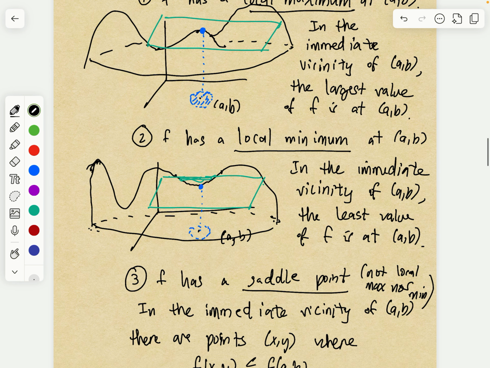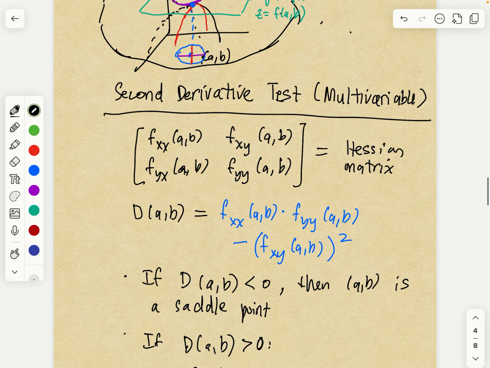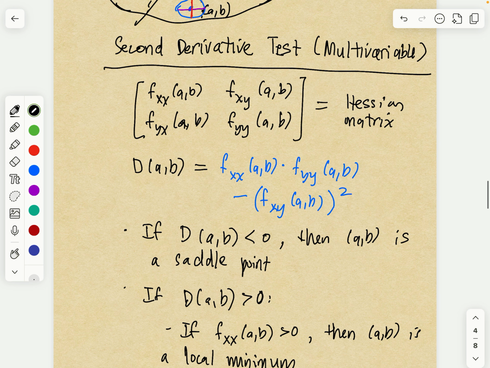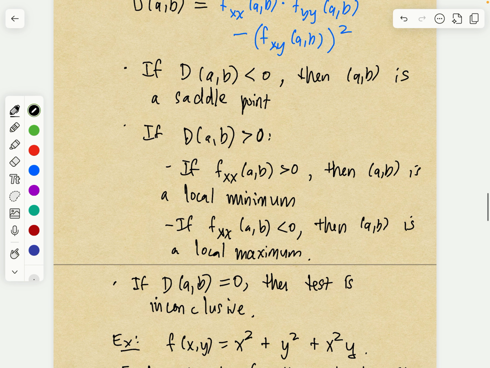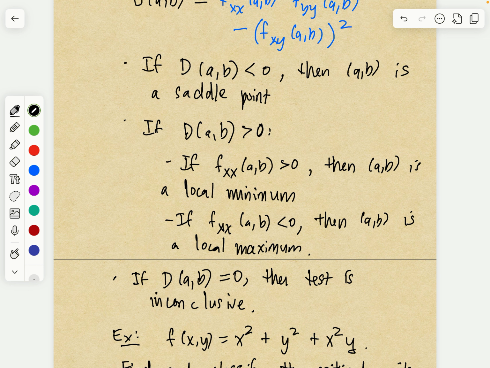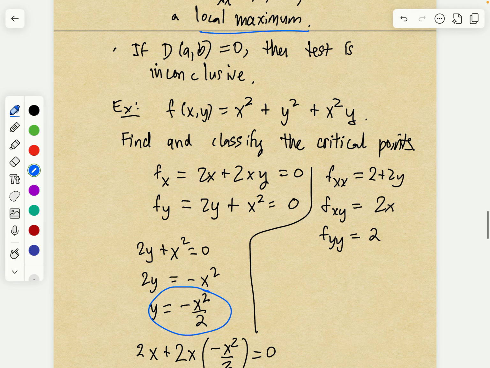It could be a local maximum, local minimum, or a saddle point. And we explained how to tell which kind of point you have. You look at the matrix of second partial derivatives, and then there's this kind of checklist criterion for which one you have. So you could have a saddle, local minimum, local maximum, or the test might be inconclusive and you can't tell which one you have. And then we did an example.